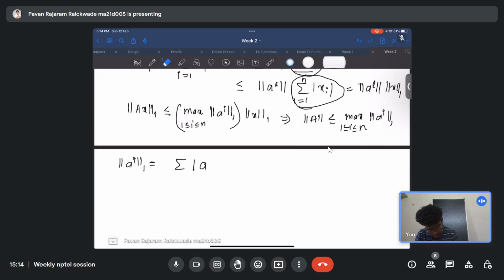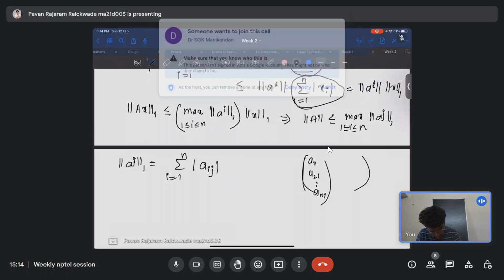I can call this aj for the moment, just for ease of writing. The norm of aj 1 is the summation of modulus of aij, where i goes from 1 to n. Basically these aj are columns, so this is like a11, a21, up till an1. This collectively is a1.